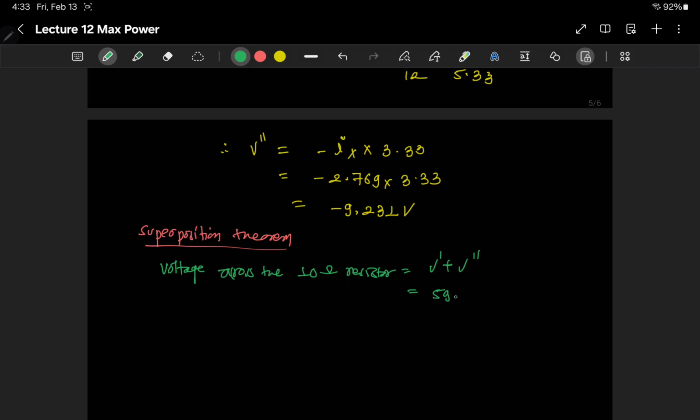So that one was 59.231 and this one was 9.231, and this is negative because the current is in the opposite direction of the assumed voltage in the first case. So that will give us 50 volts.